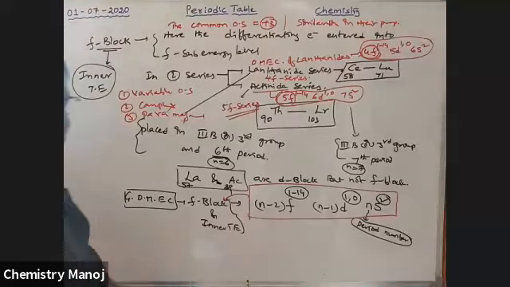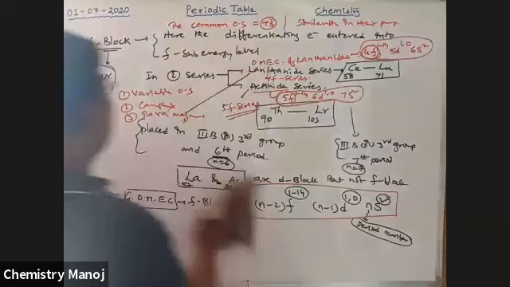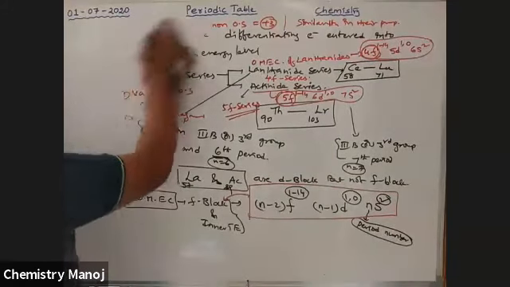So finally, what are the general electronic configurations for different blocks? I'm going to conclude here.